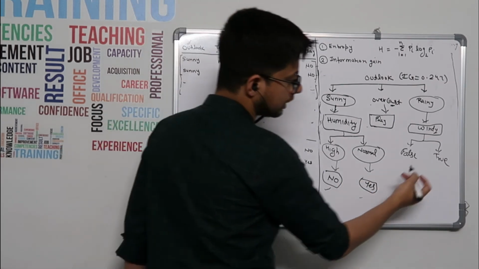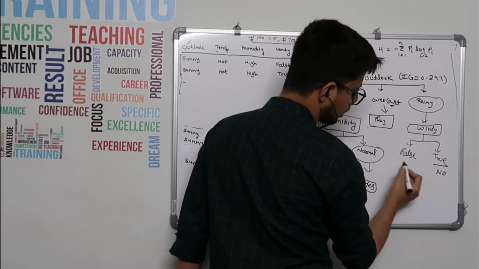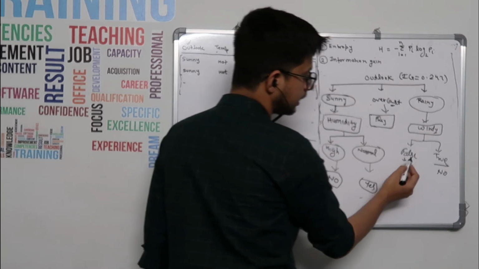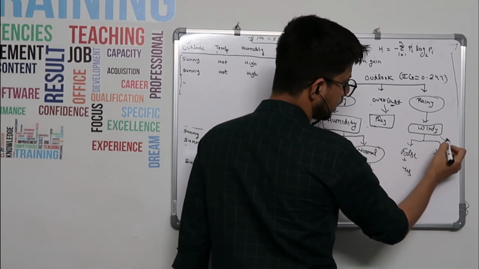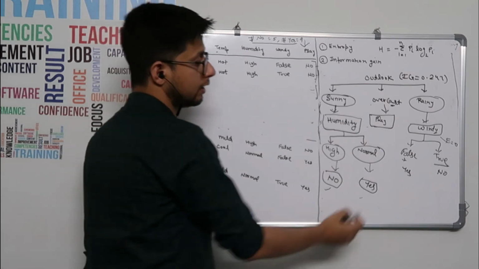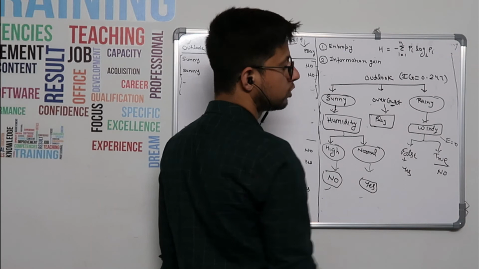Then if it is true, you will find it becomes homogeneous and there will be no play. And if it is false, then there will be yes, there will be play. Until here you will see entropy will become 0 because it will give you a homogeneous solution. If it is windy and false, entropy is 0, and windy true, entropy 0.